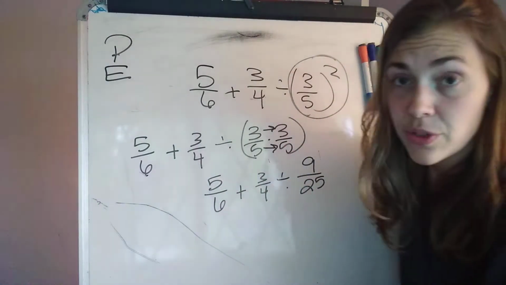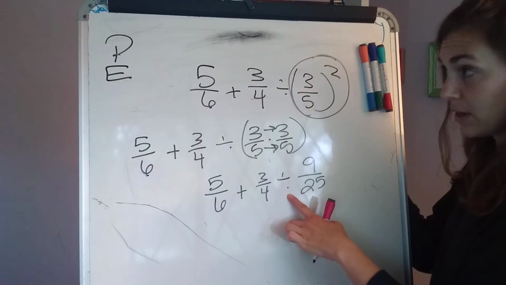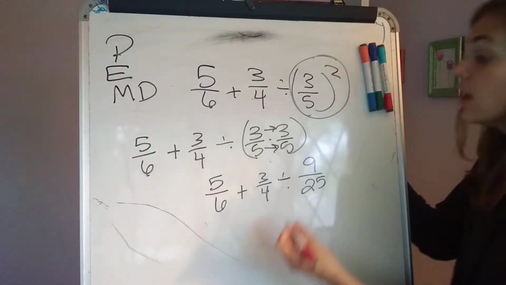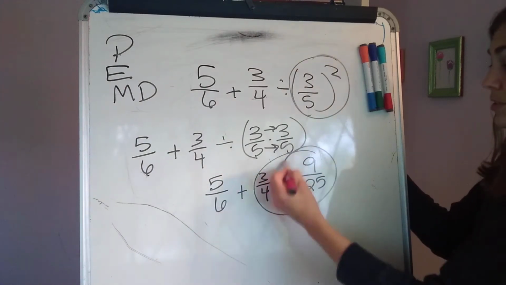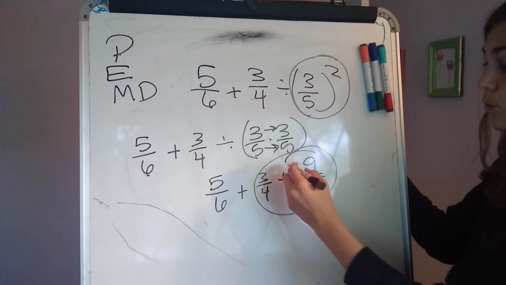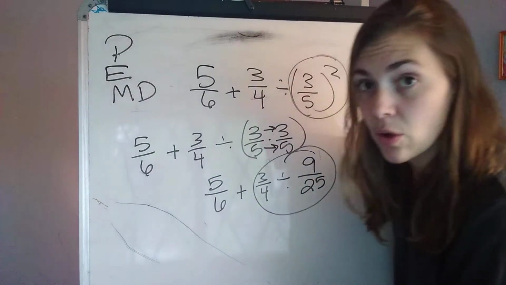What's the next operation that you're going to do? Are you going to add or divide? Well, here you multiply or divide, so we're going to divide first. Whenever we divide fractions, we multiply by the reciprocal.